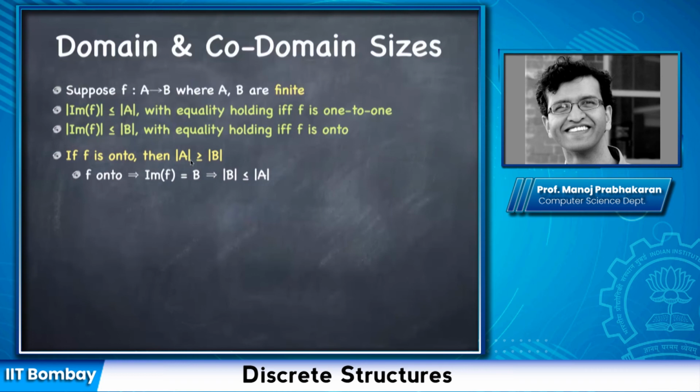Otherwise, you cannot cover every element in the codomain. You need at least as many elements in the domain as you have in the codomain, so that you can account for every element in the codomain.